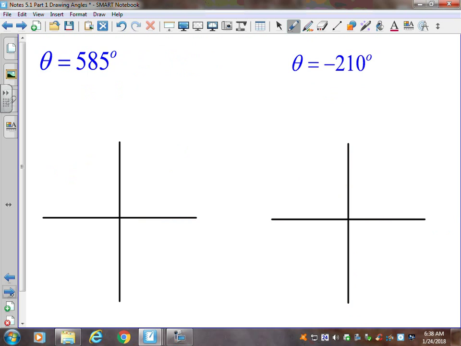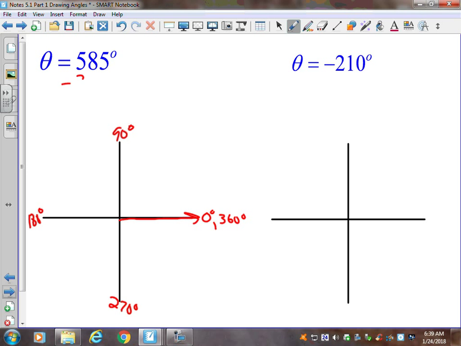This time we're looking at 585. So 585 is way past 360, so this will be a gamma angle. We still start off our numbering the same in terms of labeling. Go up to the top for positive 90, over to the left for positive 180, and 270 is at the bottom, and our 0 and 360 is where we start with our terminal side.